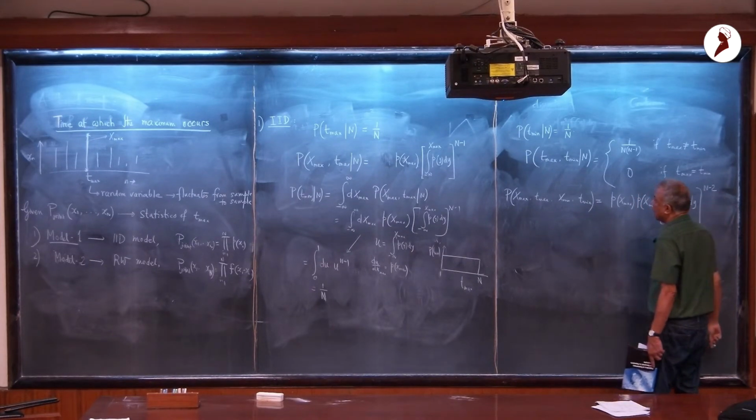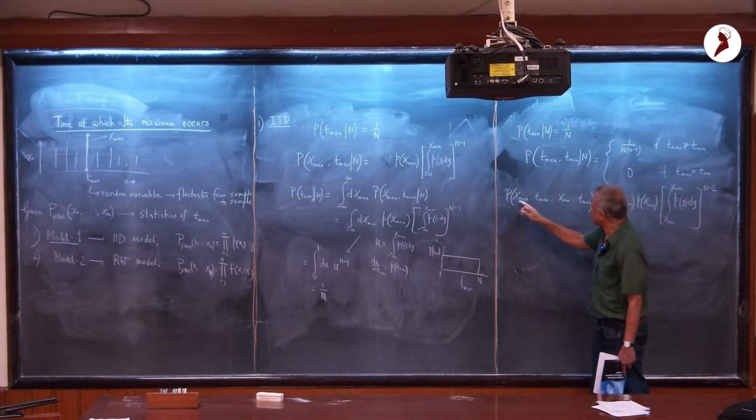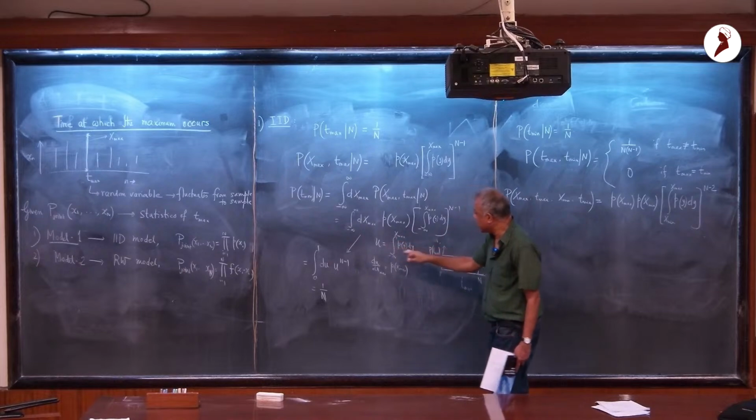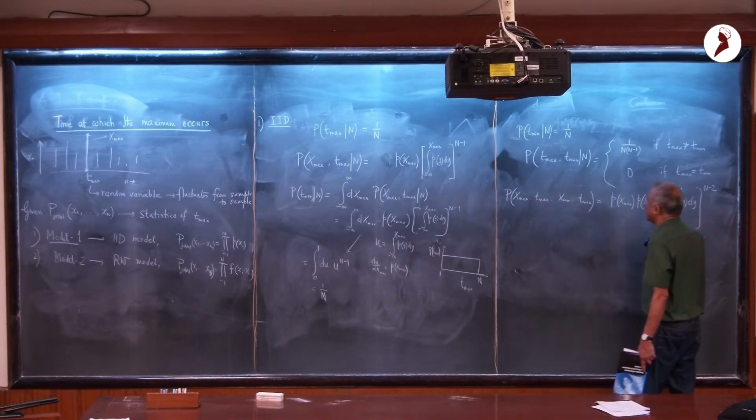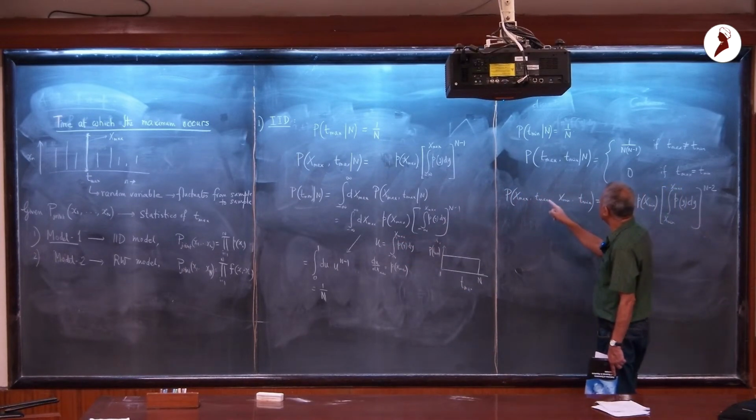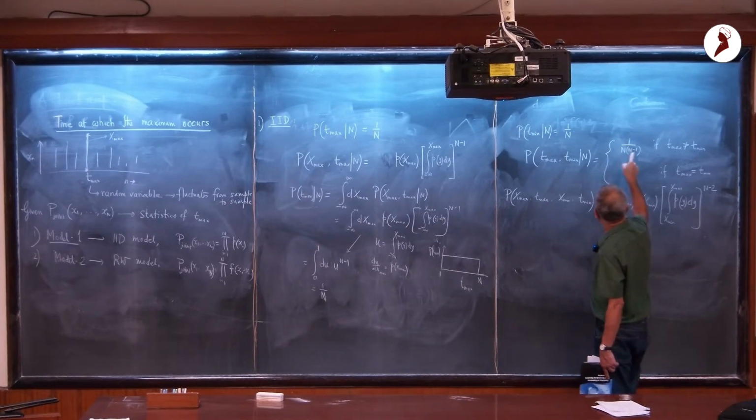Then you integrate over x max and x min, use the same change of variable, and that gives you the joint distribution of T max and T min to be this formula here.